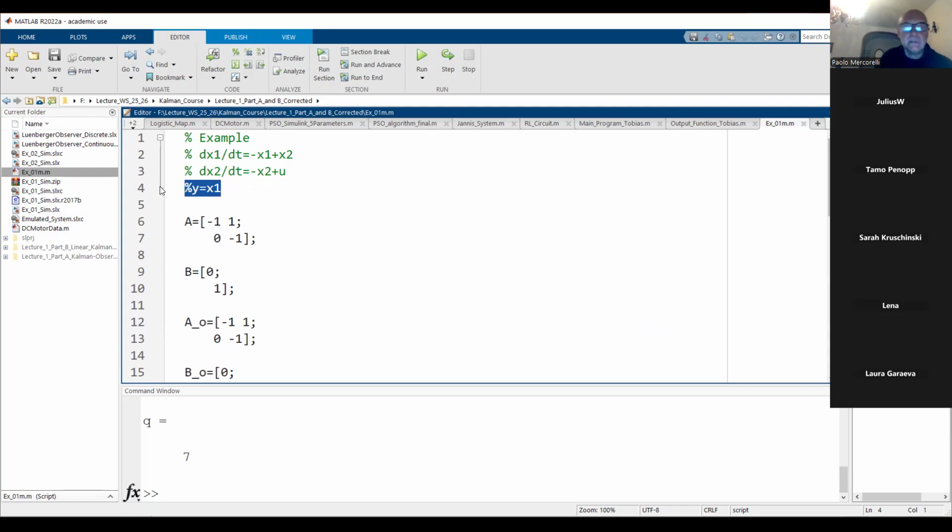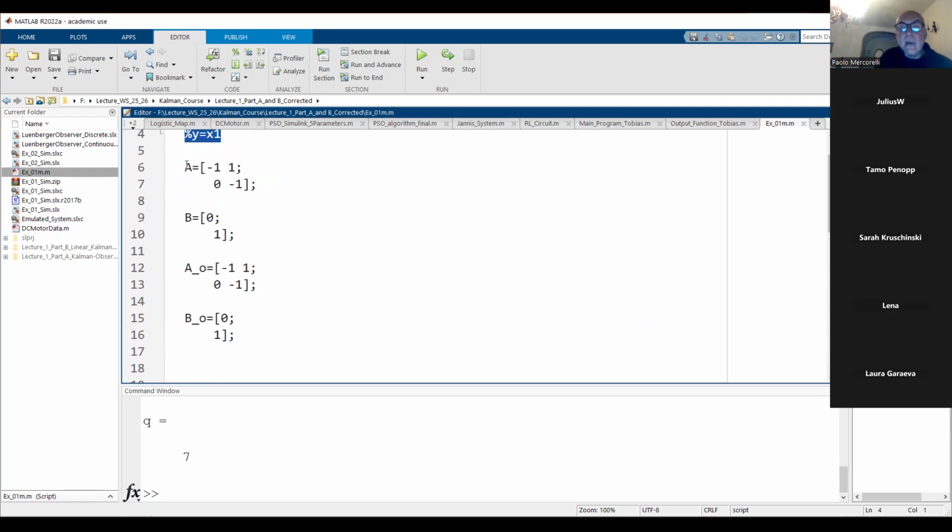It's exactly what I told you many times last time and before last time. Here we have the matrix A and B of the system. Again, the matrix B is not relevant for the observability, but I don't remember, probably I used this example also to build an observer. I don't remember. Let me go ahead together.